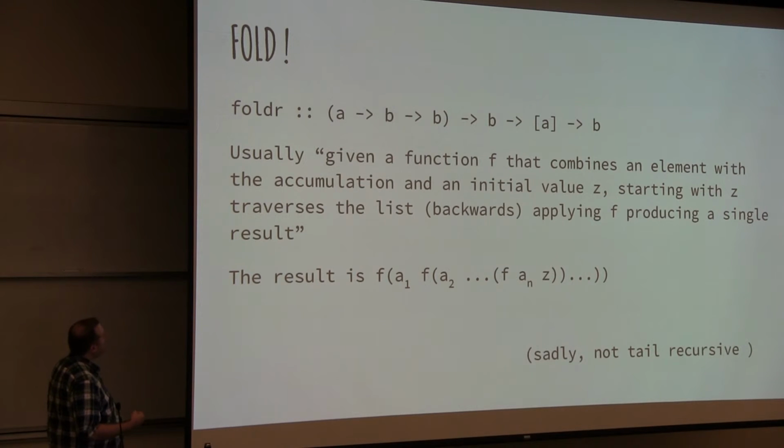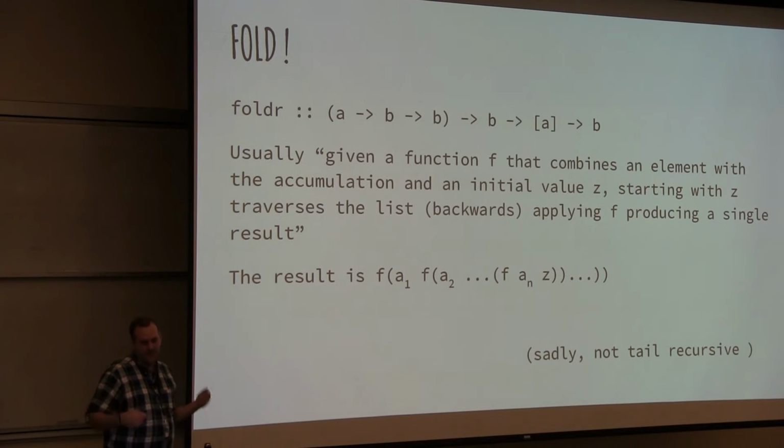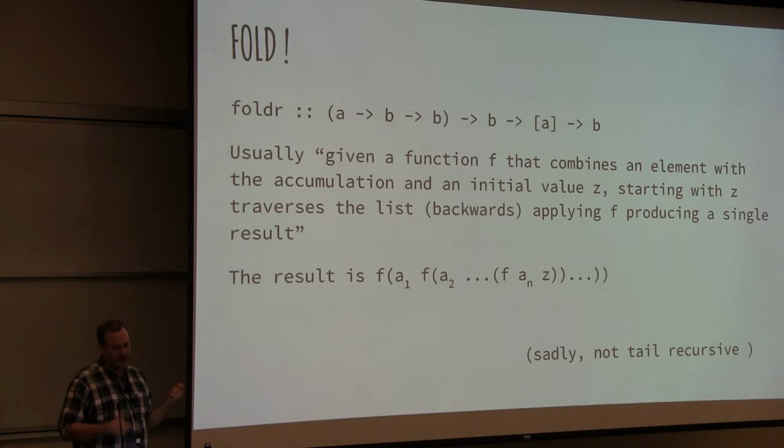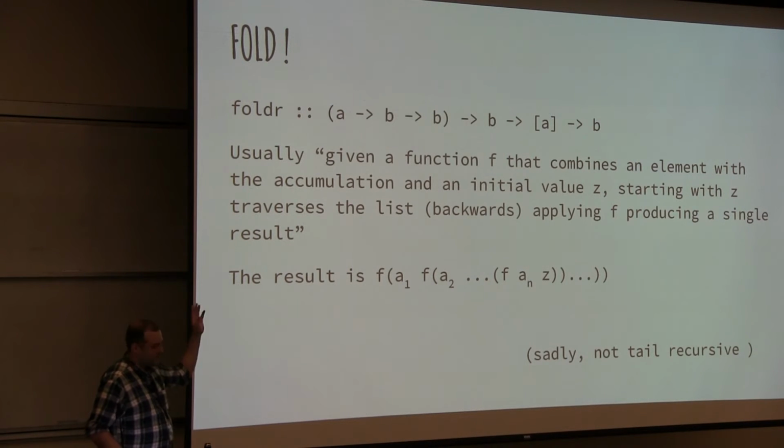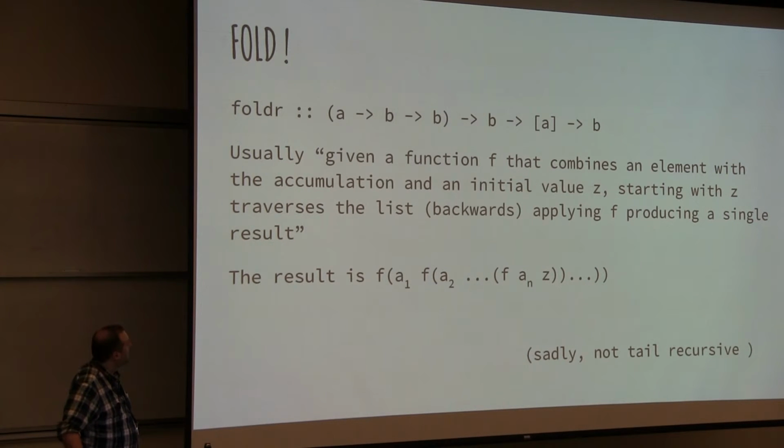And in Haskell, the signature of foldr says there's one function that combines two elements, one of type A and one of type B. Type B will be the result of the function. It takes another B that will be the initial value, a list of A, and returns a B. That whole signature is the signature of foldr, and it's the same signature as the function we just created.